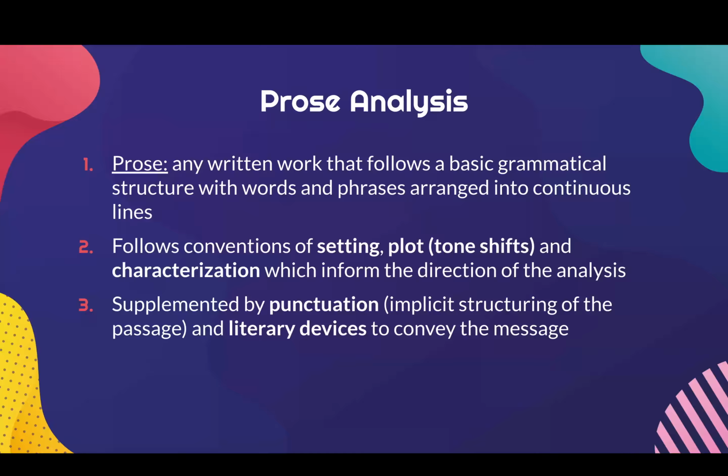For the purposes of your paper, it's basically short stories and a book. And the conventions that you can talk about in the context of prose are setting, plot, and characterization. These are the three main big conventions. Obviously, this doesn't include literary devices or the more nitty-gritty stuff. It's just overall conventions of the genre in general.